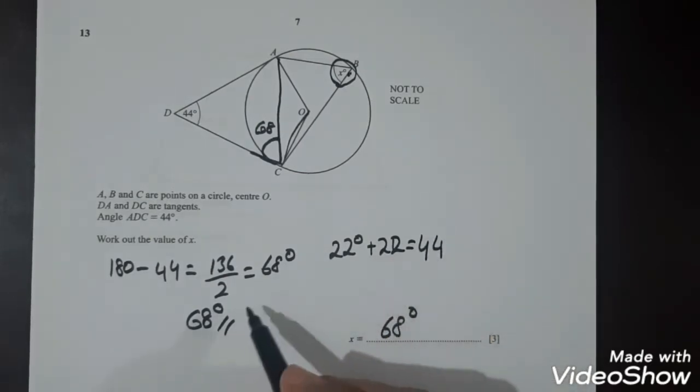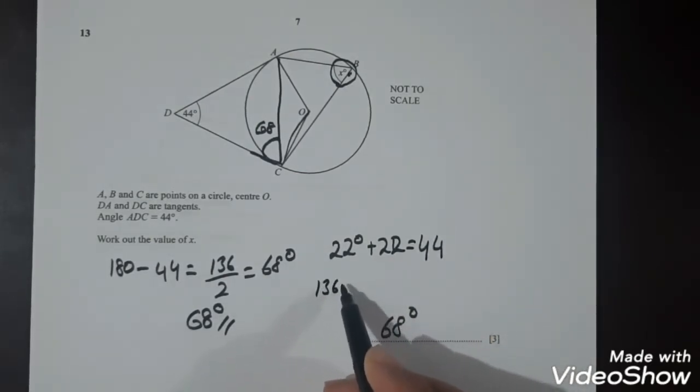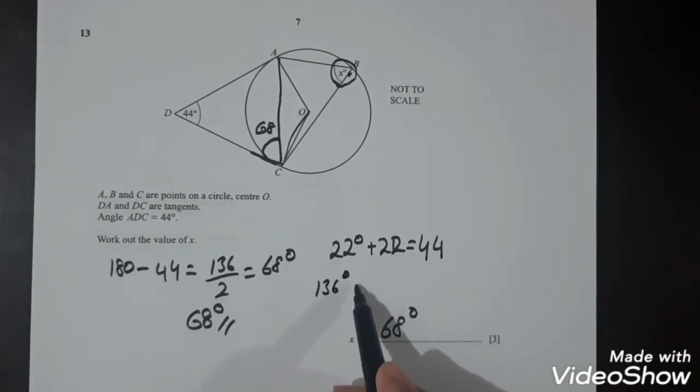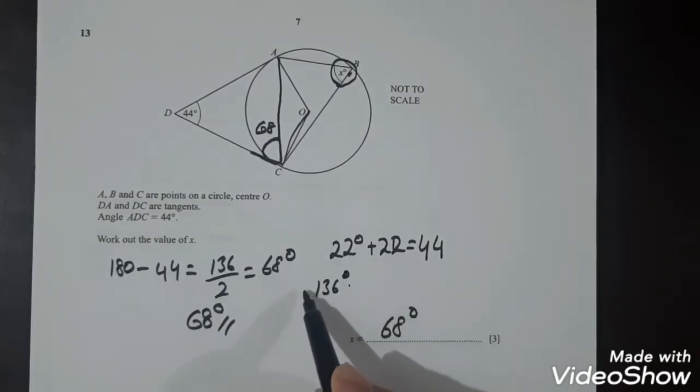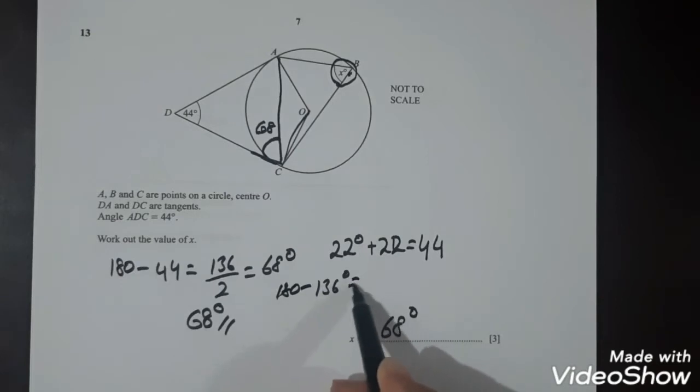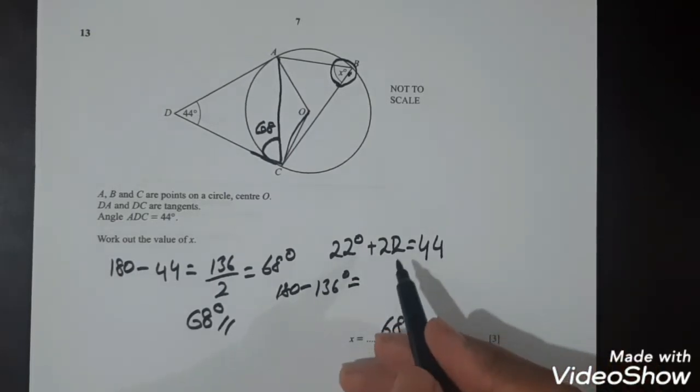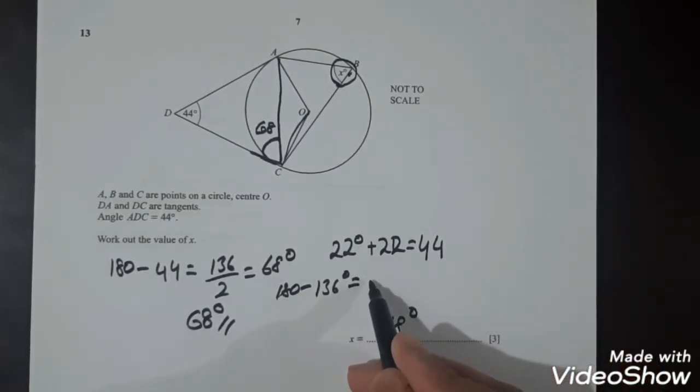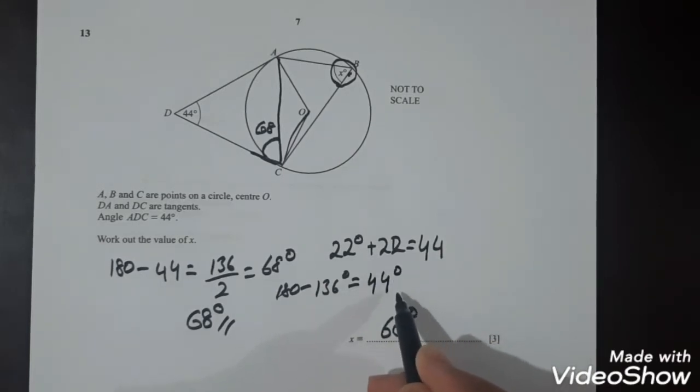So 180 minus 44 is 136, and then 180 minus 136 is 44 degrees.